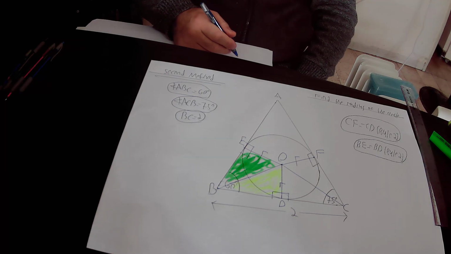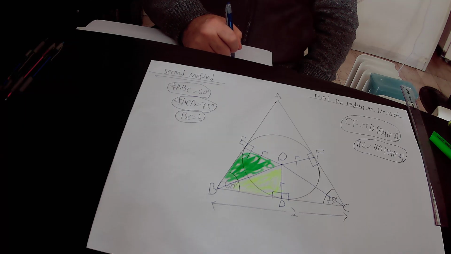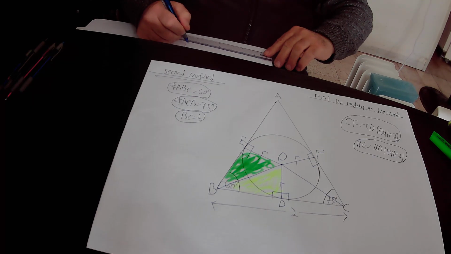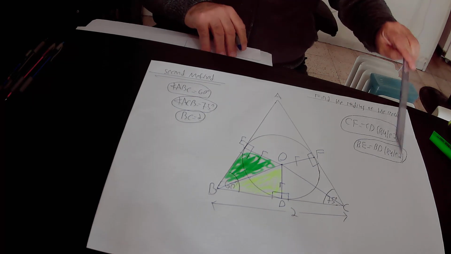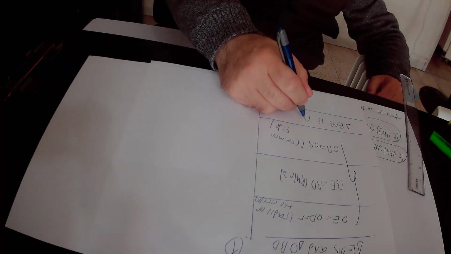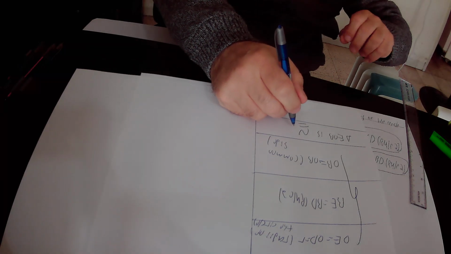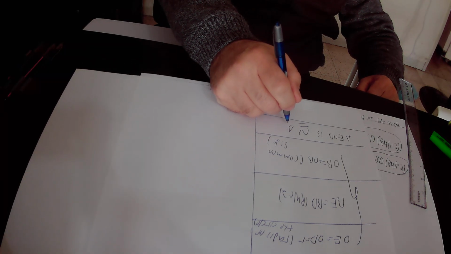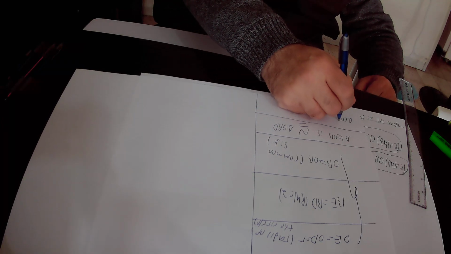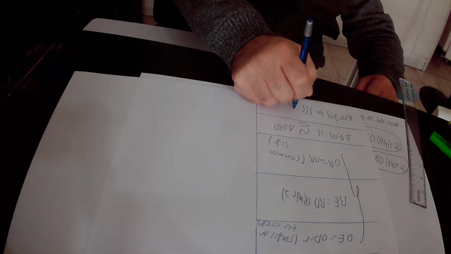That is to say, the green right triangle EOB is congruent to the right yellow triangle OBD according to the side rule.